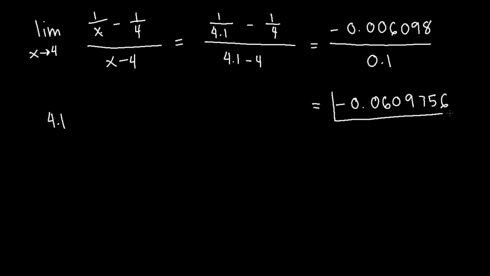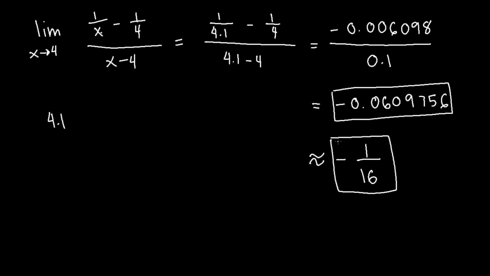So this is the answer when you use 4.1. This is your answer in decimal, but if you express this as a fraction, this is approximately equal to negative 1 over 16. So therefore, your limit is negative 1 over 16, which is the same as what we calculated earlier.